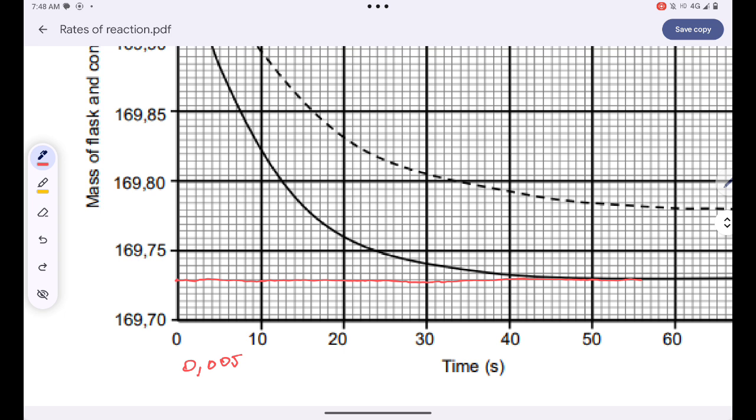This is the value where it reached completion. For me to know what that value is, remember that, guys, all these lines are just 0.005 apart.